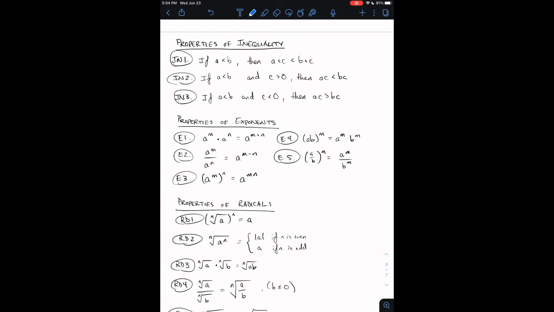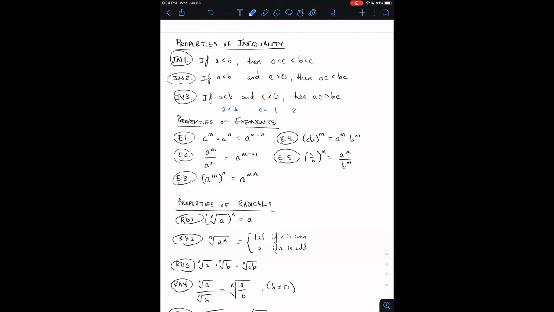But notice the third property. If A is less than B and C is less than 0, so negative, then AC is greater than BC. Now, I believe your book actually has a typo here that says that it's the same as the one before, but that's not true. And we can think about that. So if A is less than B, let's just do it. So 2 is less than 3, and we're going to let C equal negative 1.